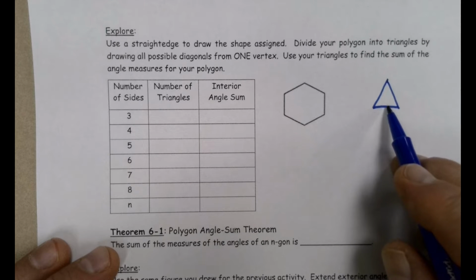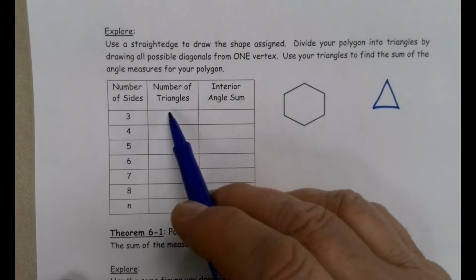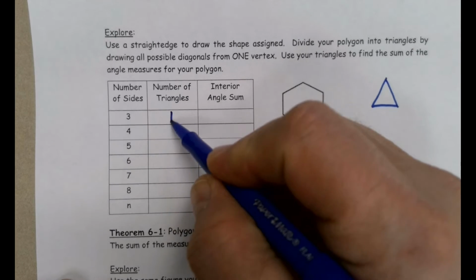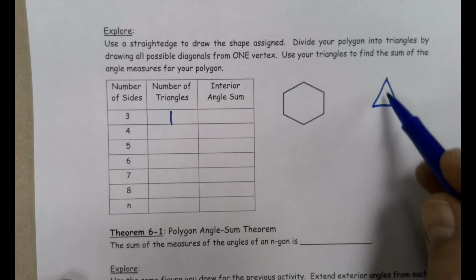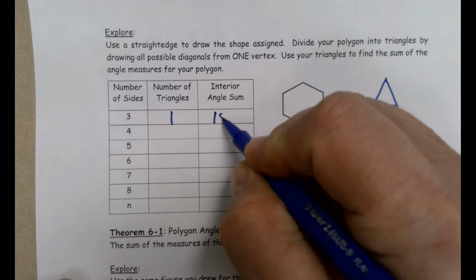I can't draw any diagonals, because each side is right next to another one. So with a three-sided shape, I've got one triangle. The total of the angles inside there is 180 degrees, like we've already talked about.